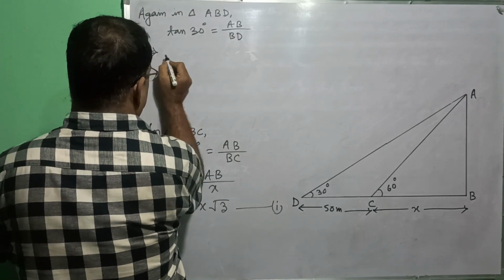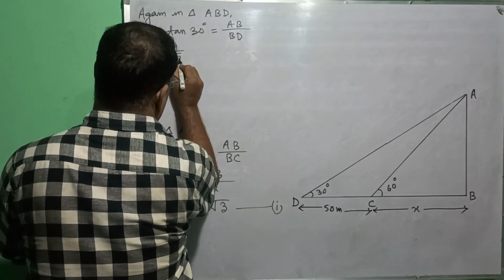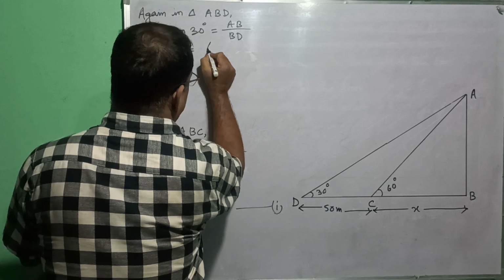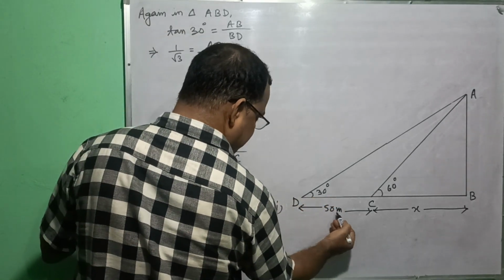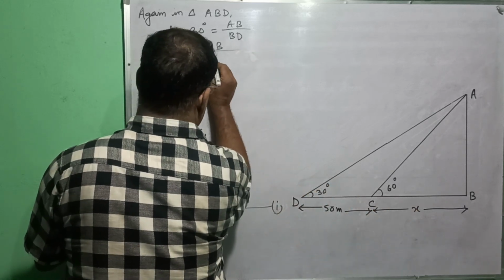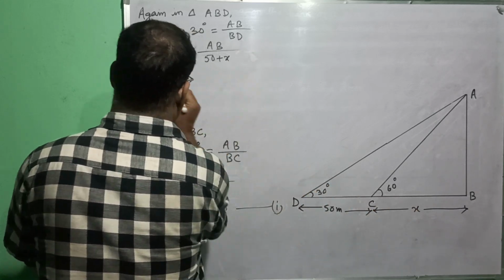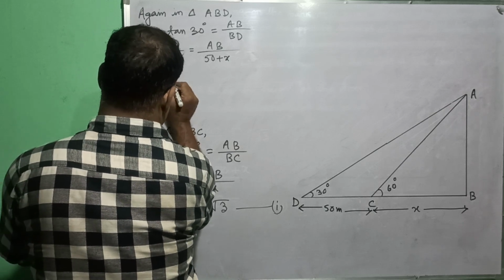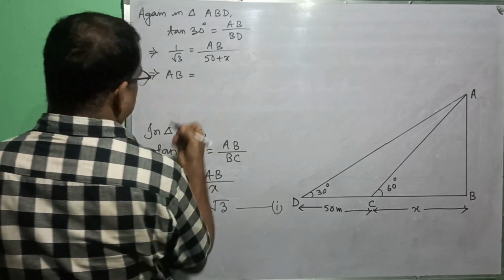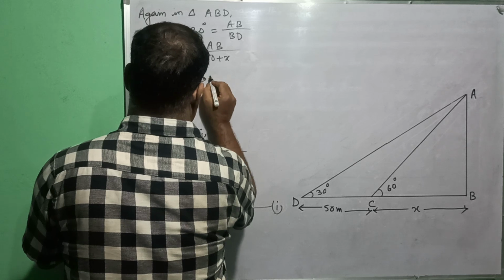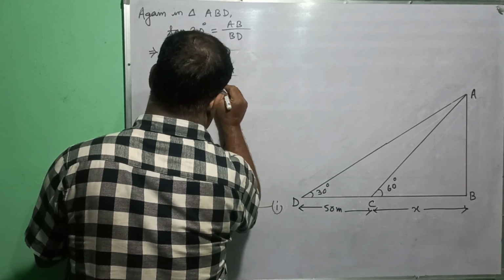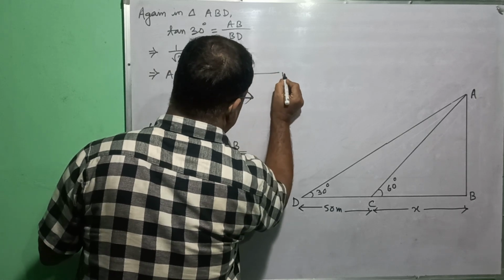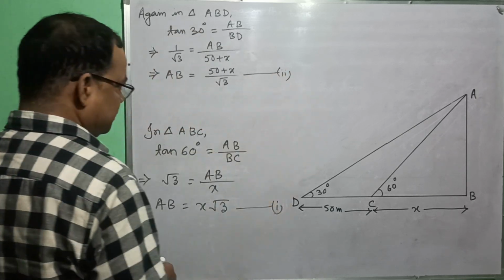This implies tan 30 equals 1 by root 3. So 1 by root 3 equals AB by BD, and BD we can write as 50 plus x. So here 50 plus x. This implies AB equals 50 plus x by root 3. Let it be equation number 2.